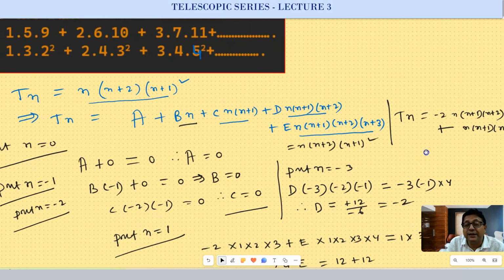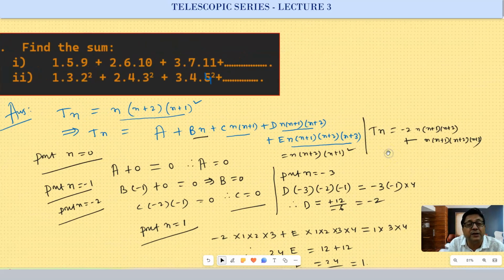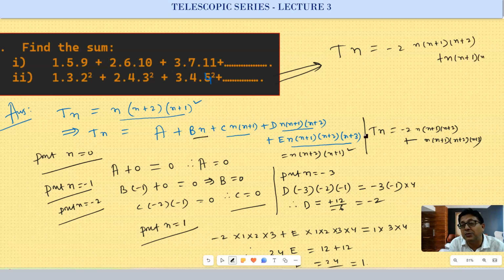Finding Sn will just take 2 minutes for you because you know the method. For this complicated series, you got Tn in this form: minus 2 n plus 1 n plus 2, plus n plus 1 n plus 2 n plus 3.